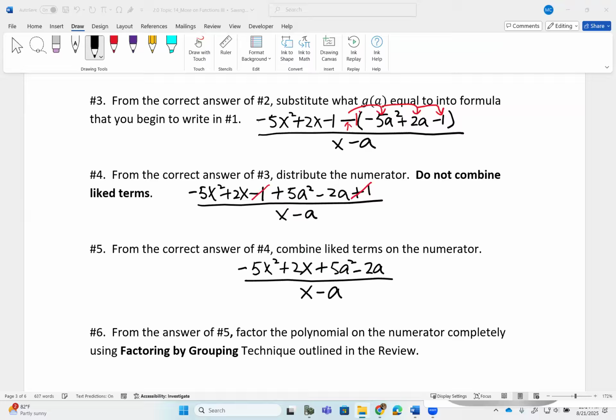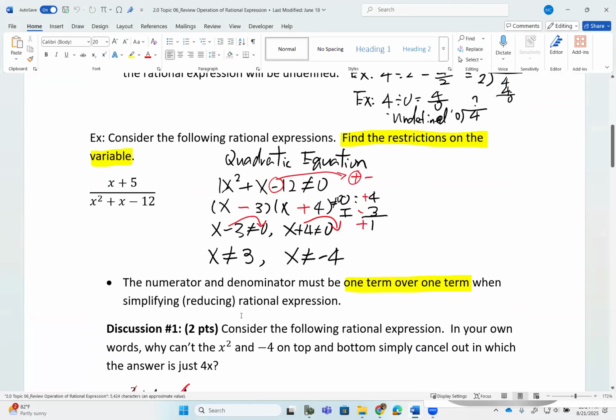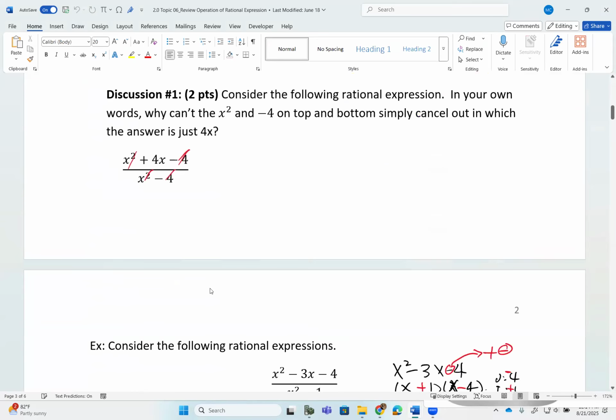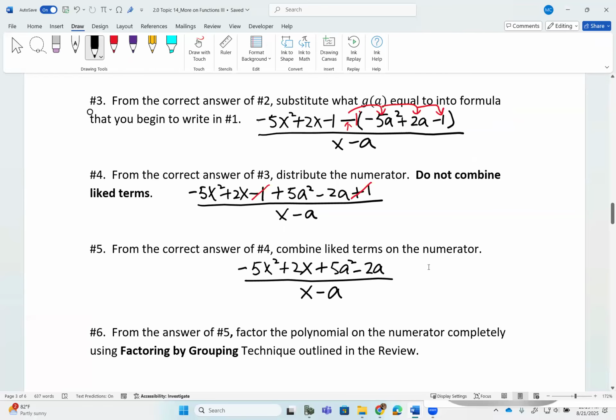Well, at the end, we always try to factor and see if anything can be canceled out, right? So when we have a rational expression written this way, with multiple terms top and bottom, we want to try to factor, see if anything can be canceled out, and that's what we're gonna do here.